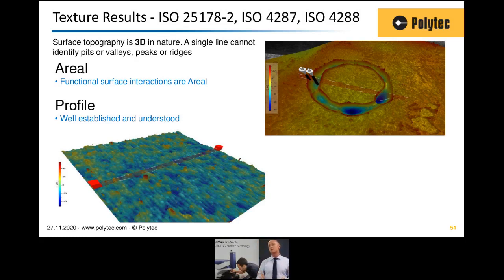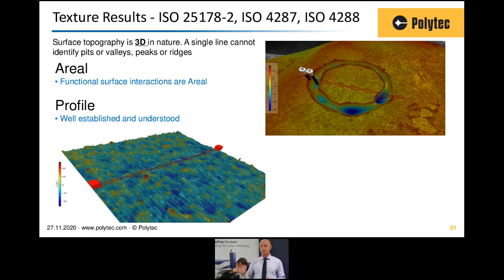But the example on the left is considered a complex surface, and the texture in X is different to the texture in Y. So if we really want to fully understand this surface, the value of areal measurements can be recognized.